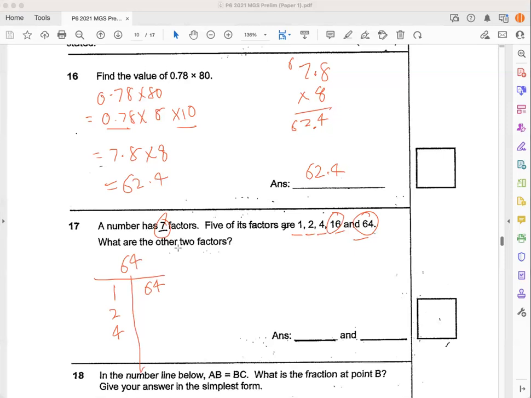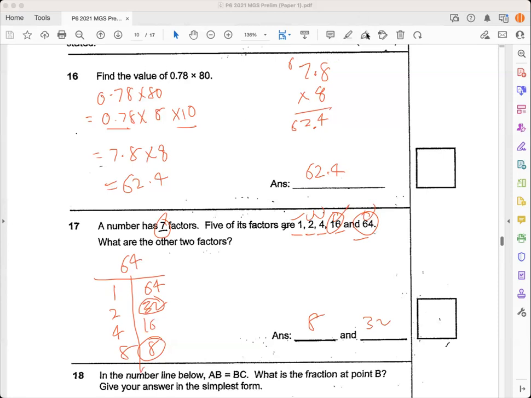What times 16 gives you 64? 4 times 16 gives you 64, okay? So we have used up 1, 2, 4. Now, 2 times what gives 64? 2 times 32 gives 64. So we have 32. Now we've got one more factor to go. 8 times 8 gives 64. So the answer is 8 and 32. So this is the thought process.